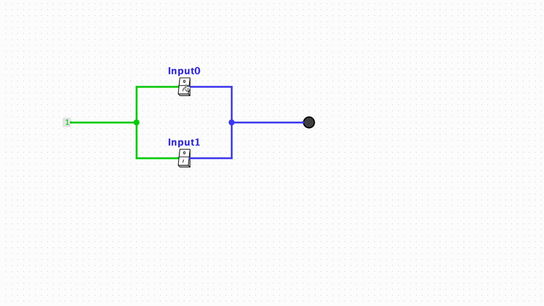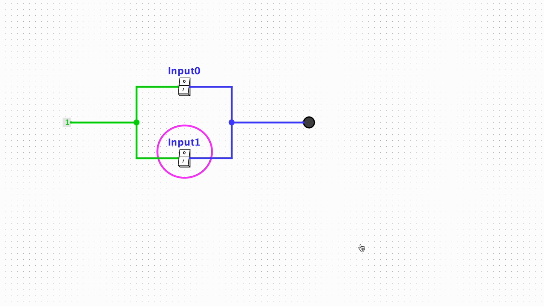When I give the input 1 in one of the buffer gates, now I get the output 1, like this. And if both of them are 1, the output is also 1. And when both of them are 0, then the output is 0. This configuration is called an OR gate.